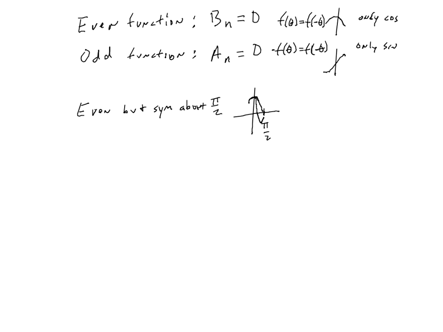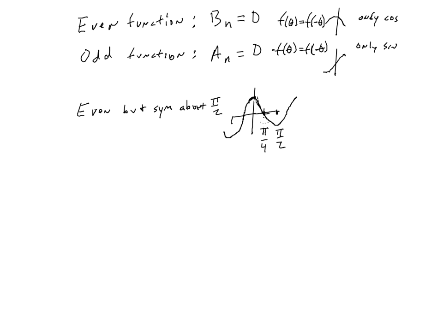Let me draw that a little bit better. Okay. So what I mean here is, I'm going to say this is pi over 4. And then this is pi over 2. Okay? So let's say your function is symmetric. It goes like this, hits the minimum at pi over 2, and then comes back up. And then meanwhile, on the other side, it does essentially the exact same thing.